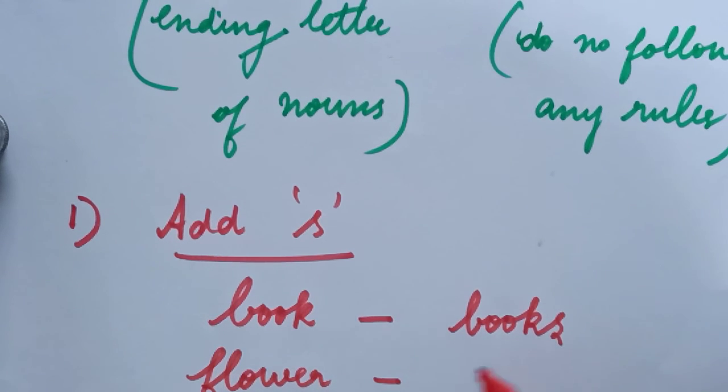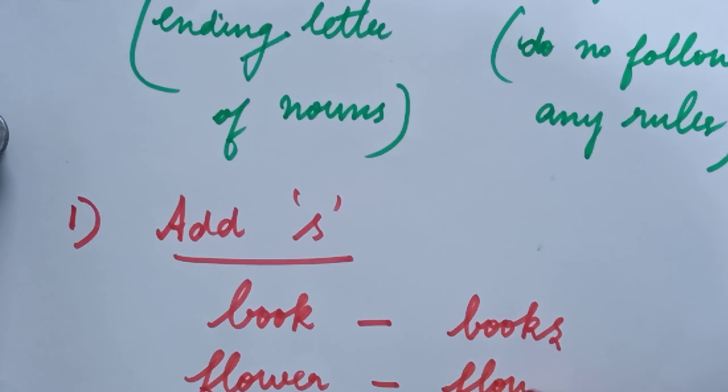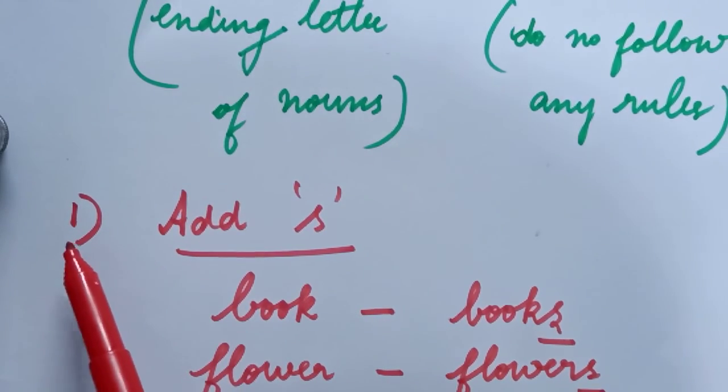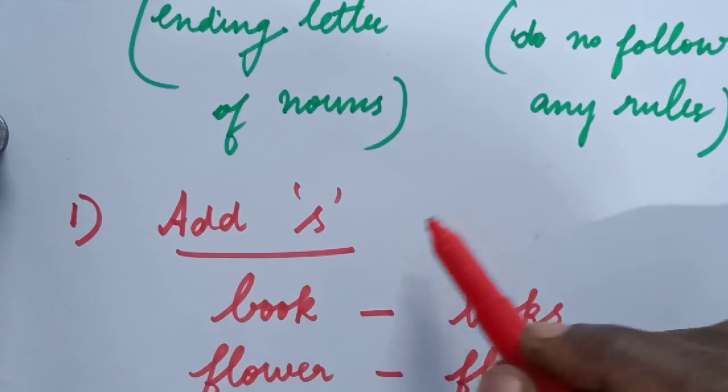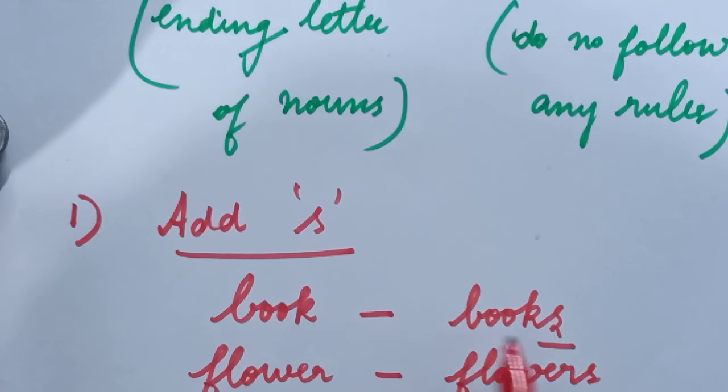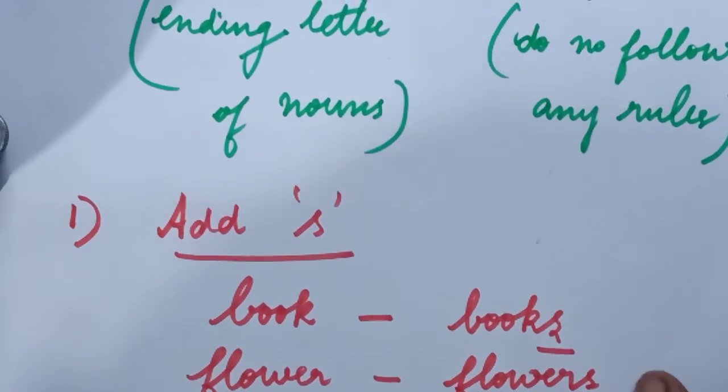How will you write it? Flowers. So we add S to the noun. This is the first rule of plurals. Just add S to a regular noun. Here book becomes books, flower becomes flowers.